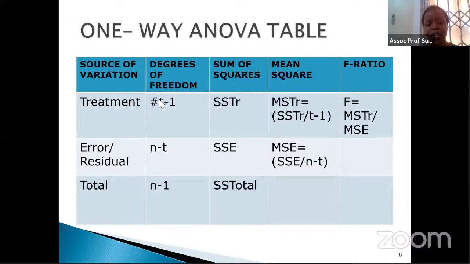So here the number of treatments minus 1 parameter. Then residual degrees of freedom is the total observations minus the number of parameters, or the number of treatments here. And the total, remember when we are computing the sums of squares total, we need the mean for the response, and it costs us 1 degree of freedom. That's why we have n minus 1. So we are left with n minus 1 information for you to deal with.